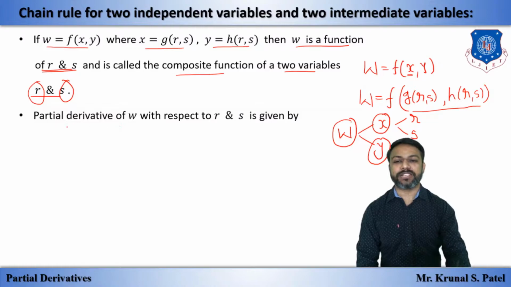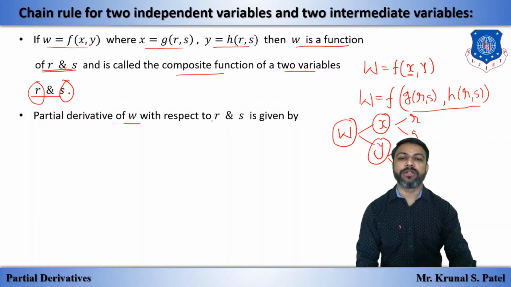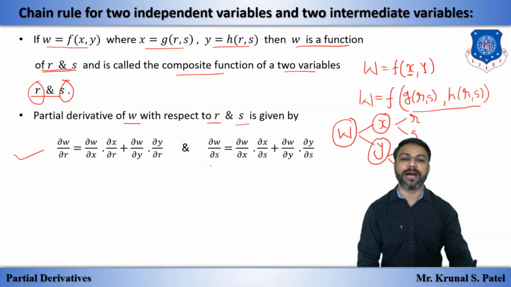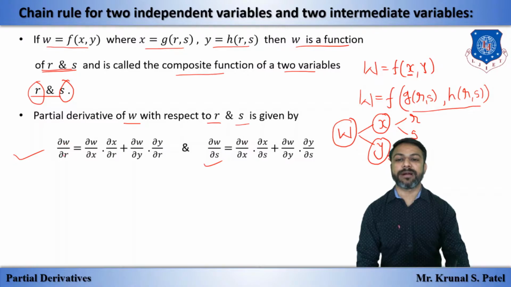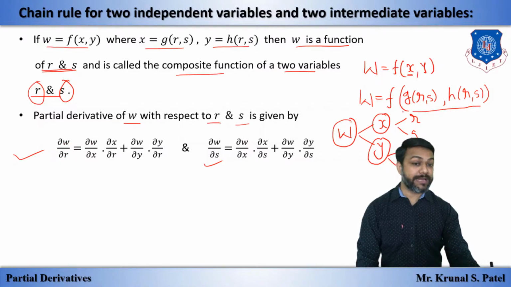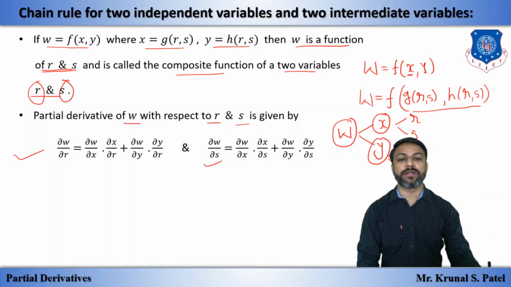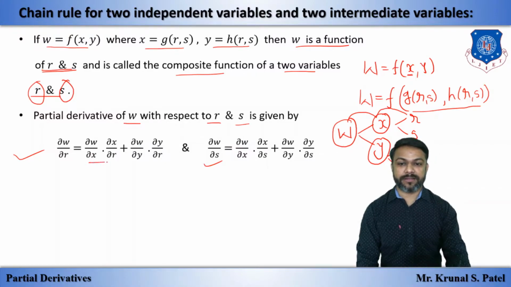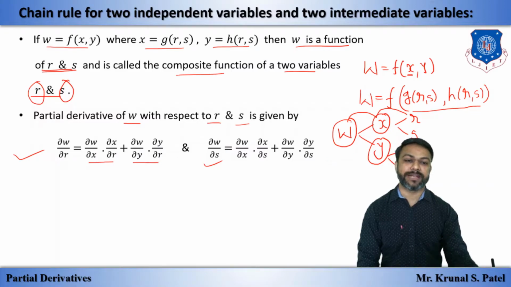So partial derivative of w with respect to r and s is given by these two formulas. That means del w by del r is equal to del w by del x times del x by del r. Same way, this goes through x, and now we go through y, because y is also containing r.